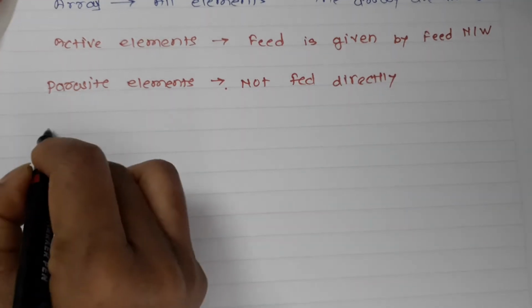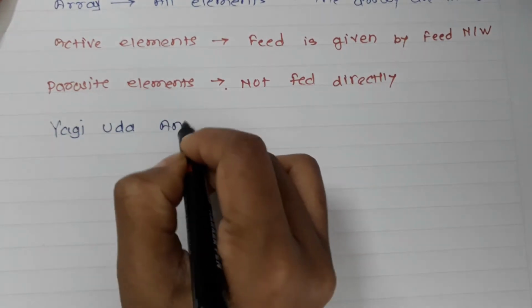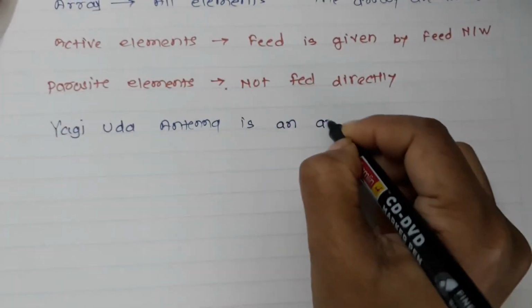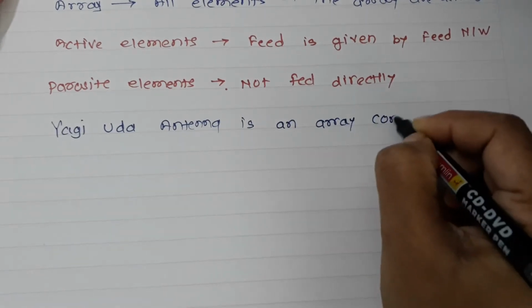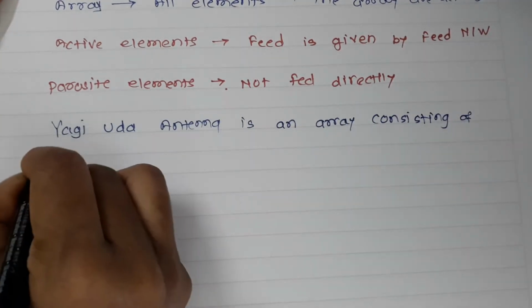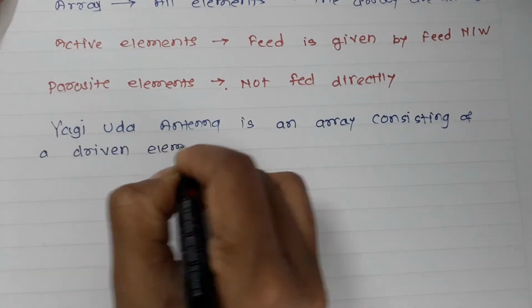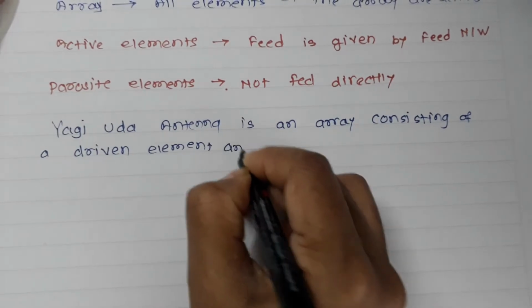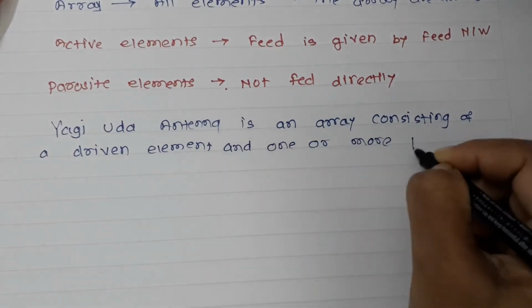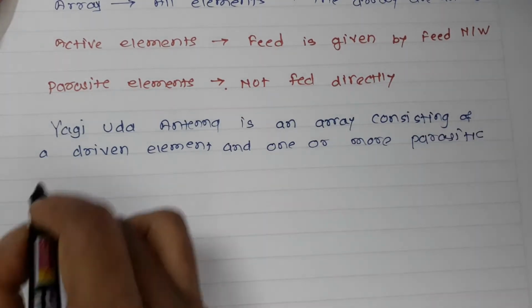The Yagi Uda antenna is an array consisting of a driven element and one or more parasitic elements.